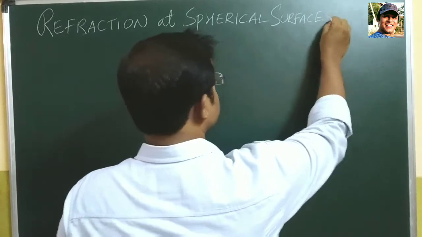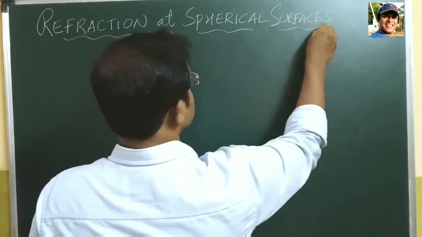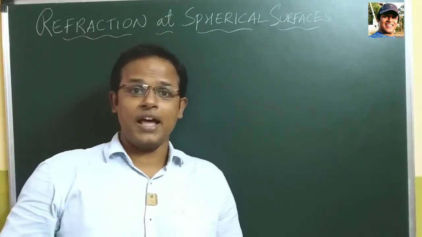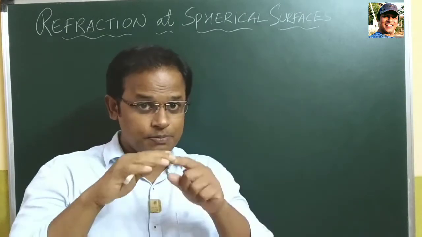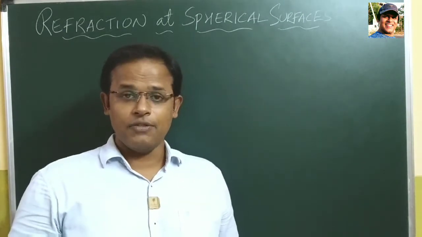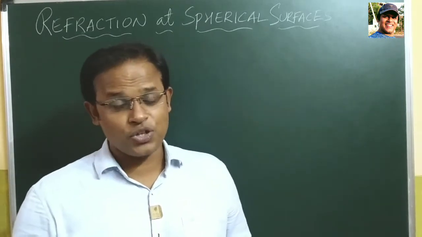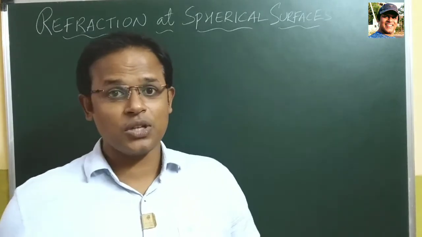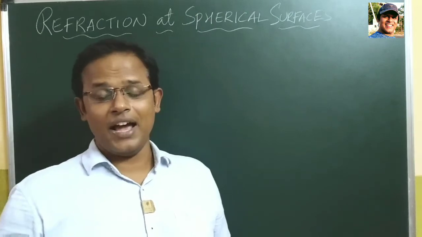We have spoken about refraction of light for two different transparent media happening at plane surfaces. Then we spoke about rectangular glass slabs, then triangular glass prisms, then critical angles and total internal reflection and its applications in day-to-day life.